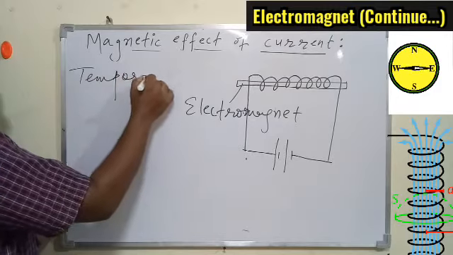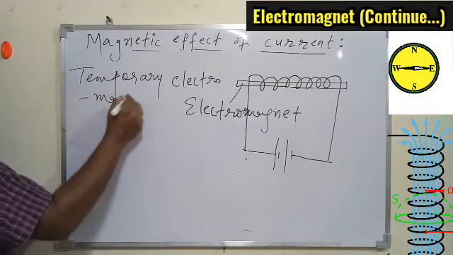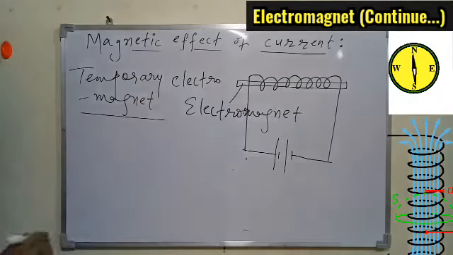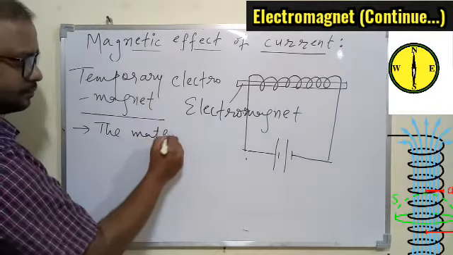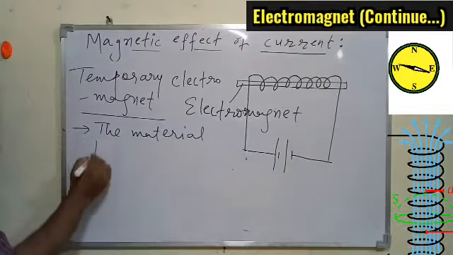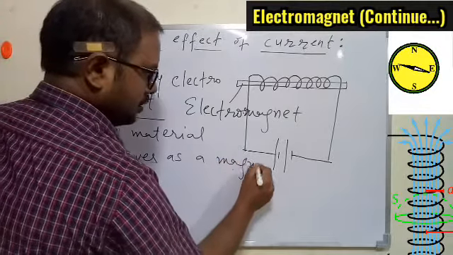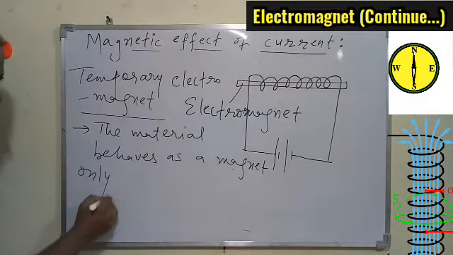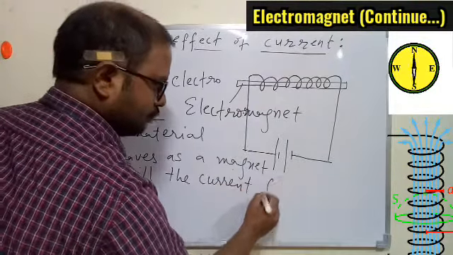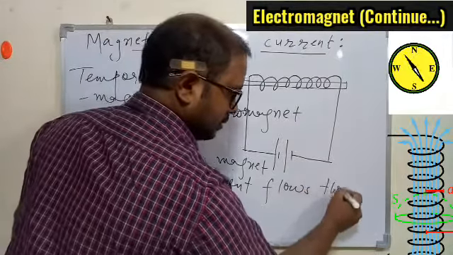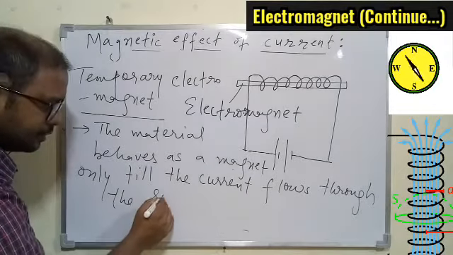So we can write down: temporary electromagnet. I'm repeating again, the material behaves as a magnet only till the current flows through the solenoid.